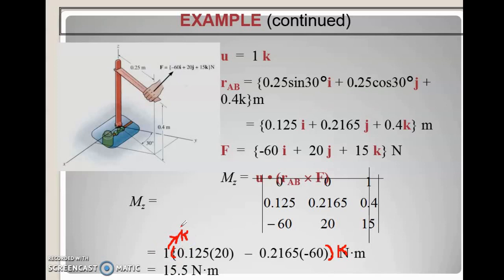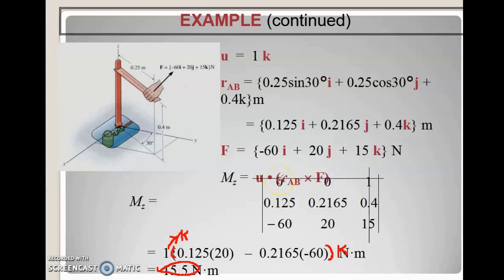If you still remember, to perform the dot product you multiply each component with its respective component, like i with i, j with j, and k with k. In this case, because this is the k component and that is a k component, you simply multiply them, and the answer is 15.5.